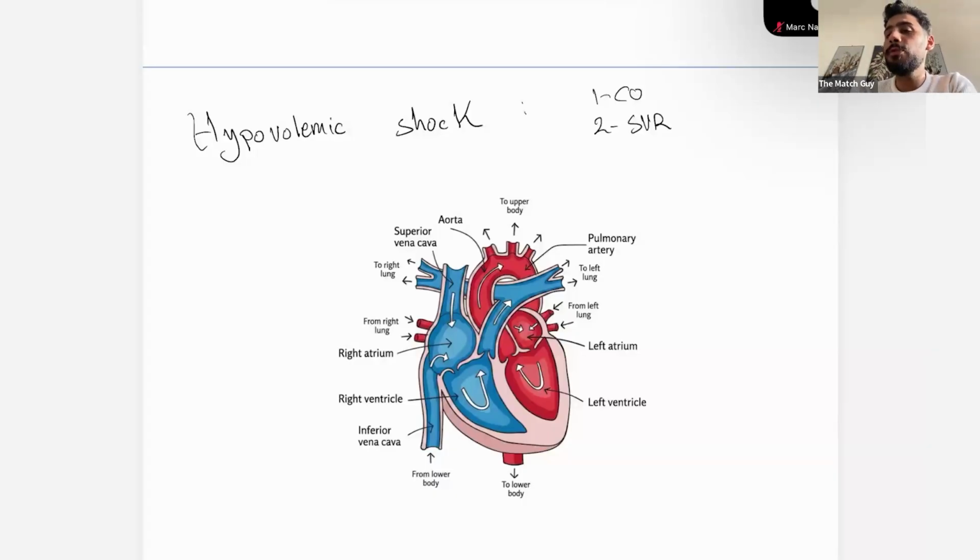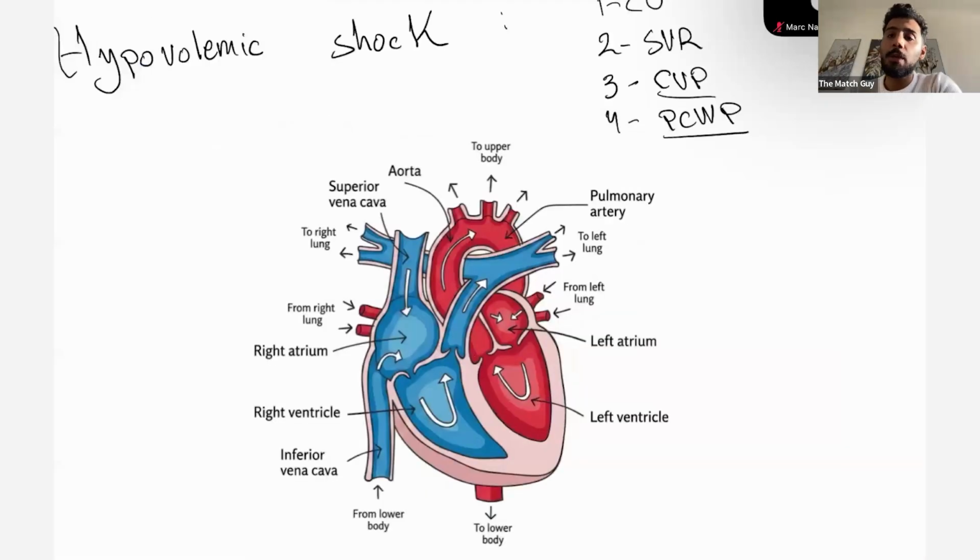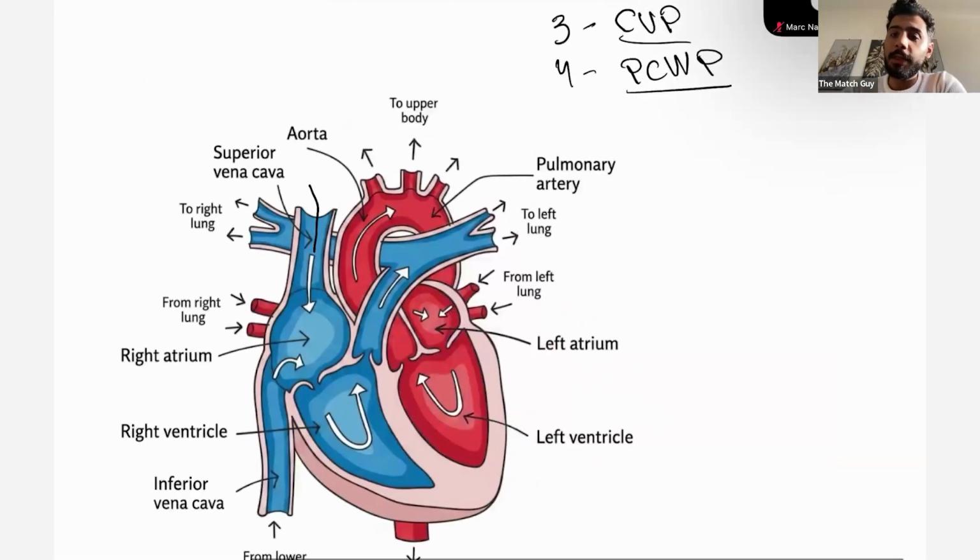Now, there's two more pressure measurements that you also have to understand properly, which are the central venous pressure and the pulmonary capillary wedge pressure. So let's talk about those. Number three, the central venous pressure. The central venous pressure is the pressure that we measure in the superior vena cava, or the inferior vena cava, in the venous system.